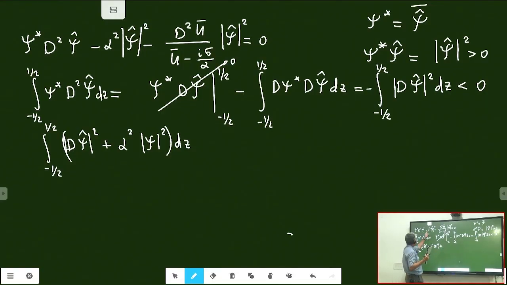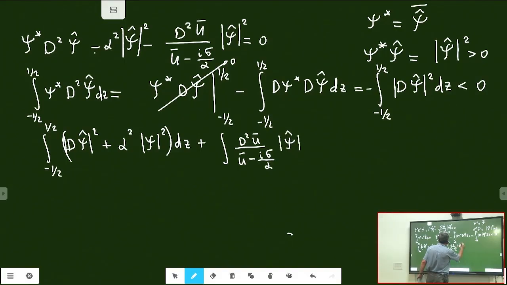And note that this is minus and there is a minus there, and I did not write it because I also have minus here, so I'll just make it plus. I don't like minuses floating around because they get lost. So I'd rather get rid of them from the very beginning. So plus the integral of d squared u bar divided by u bar minus I sigma over alpha, psi hat magnitude squared dz, right? And the right-hand side was 0 and it is still 0.